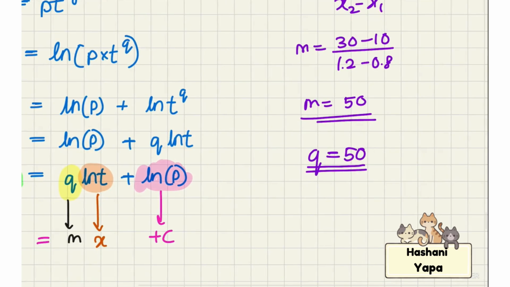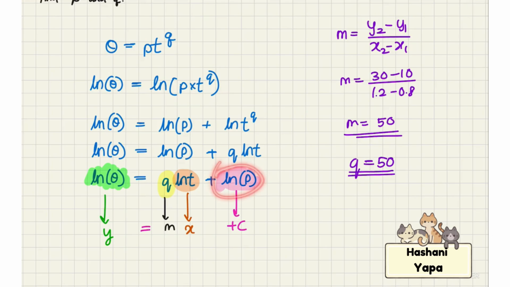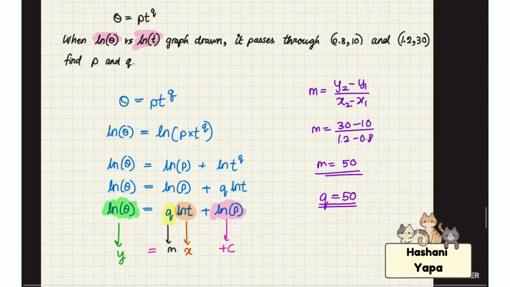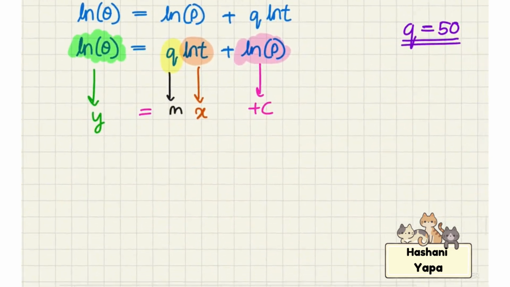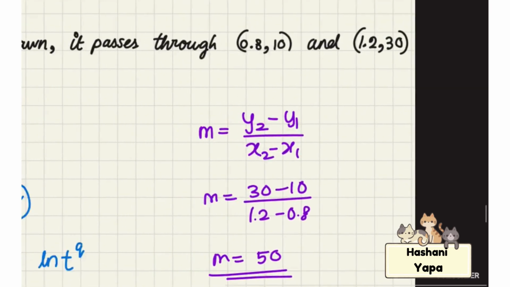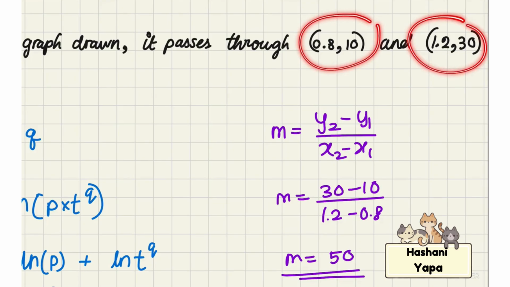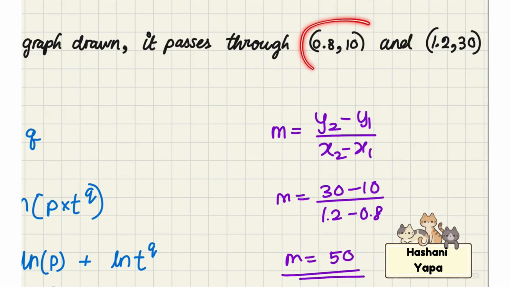Okay, now we found q. And we also know that this is the intercept, right? So we can rewrite this equation like this. We can write y equals 50x plus c. And we can input one of these coordinates here and find the c value. Let's just pick one coordinate, this or this. Let's go with 0.8, 10.